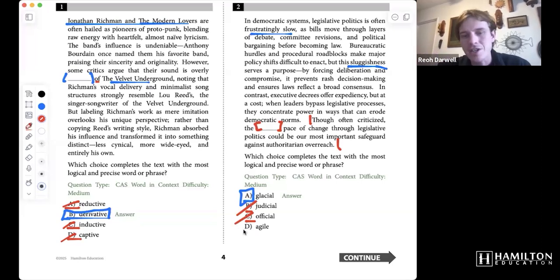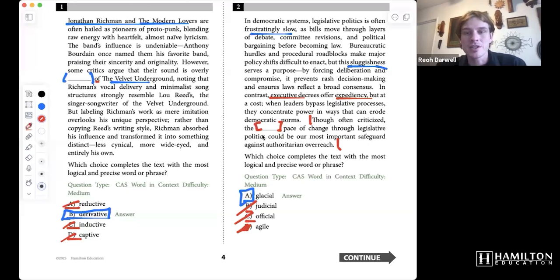All right. Agile finally is pretty off the base here. If you kind of flipped the logic of this, right? So like, this is agile, right? Expediency is agile. Executive decrees are agile, right? That's sort of fast, easy to move, like a cat hopping around. All right. If this is what was being criticized, then that would work.